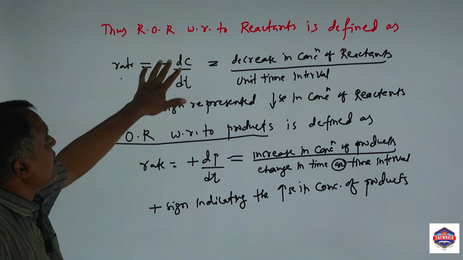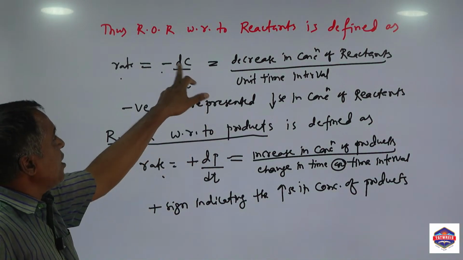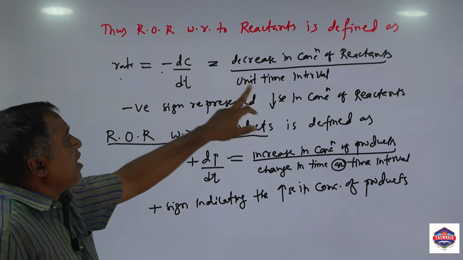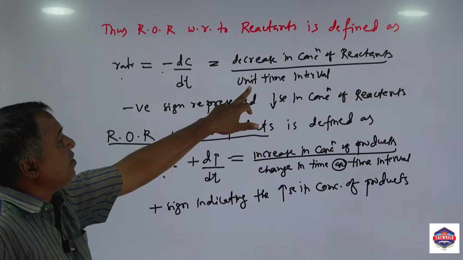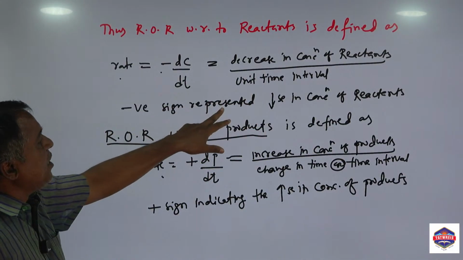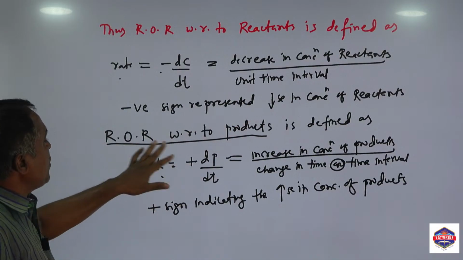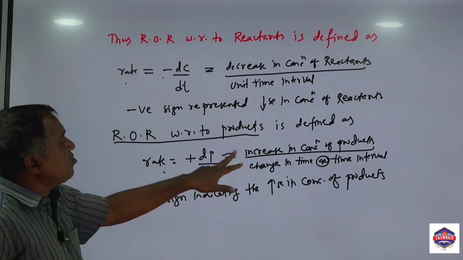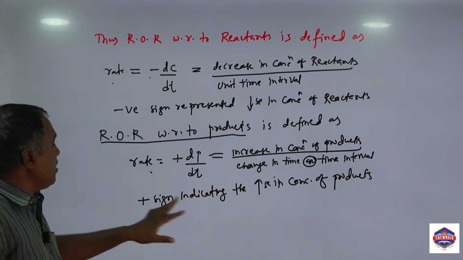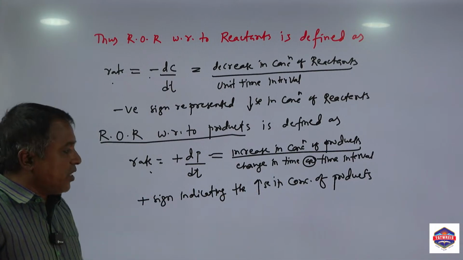Rate is equal to minus dC by dt and rate is equal to plus dP by dt. Minus dC by dt means decrease in concentration of reactants per unit time interval or change in time, so the negative sign represents decrease in concentration of reactants. With respect to product, it is plus dP by dt, which means increase in concentration of products upon change in time or time interval. Here the plus sign indicates increase in concentration of products.